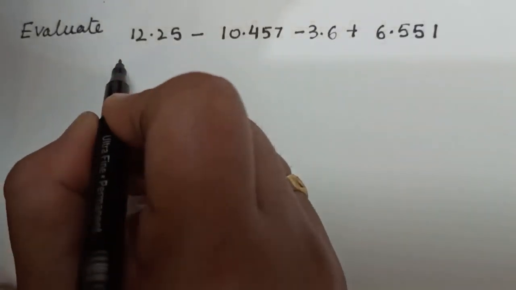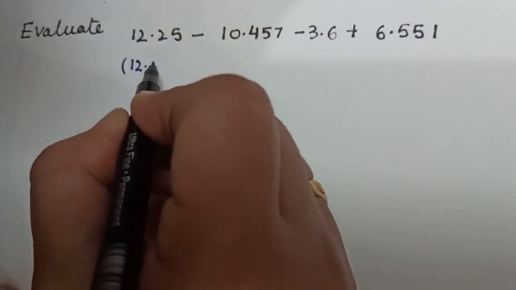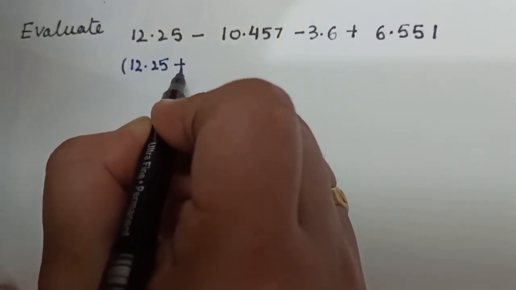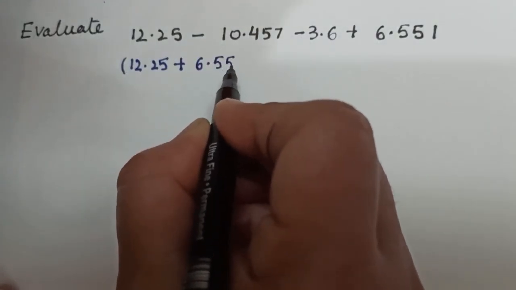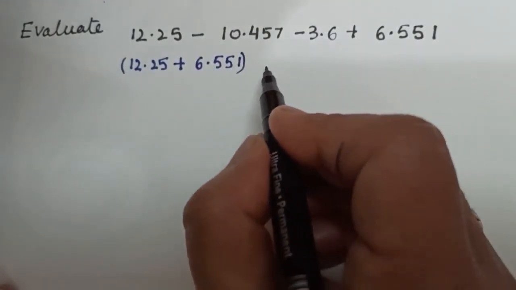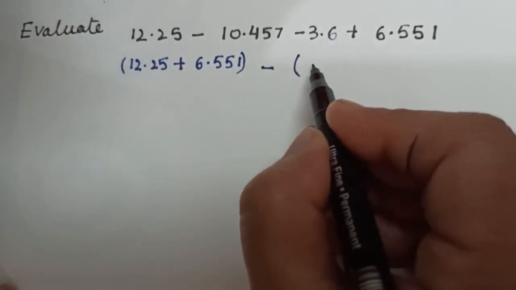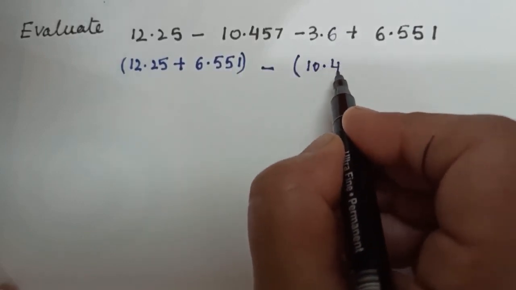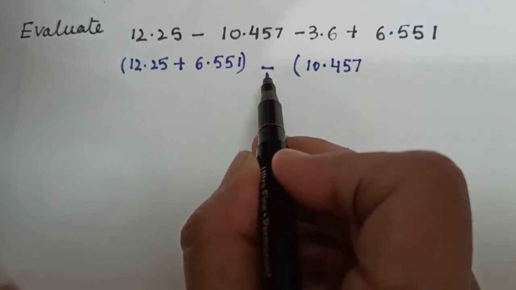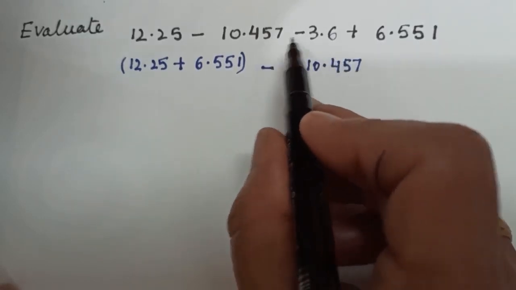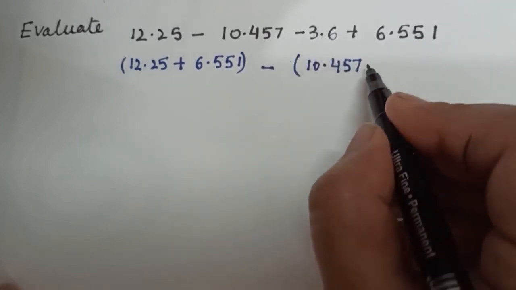First I will write in one bracket both the numbers with positive sign. Here we have 6.551. Then in the second bracket I will write the two numbers with the negative sign. Children, here I am writing a negative sign in between the two brackets. So like signs we have to add them.